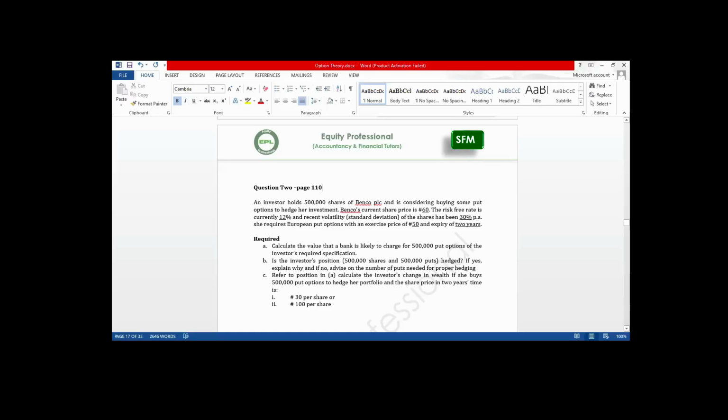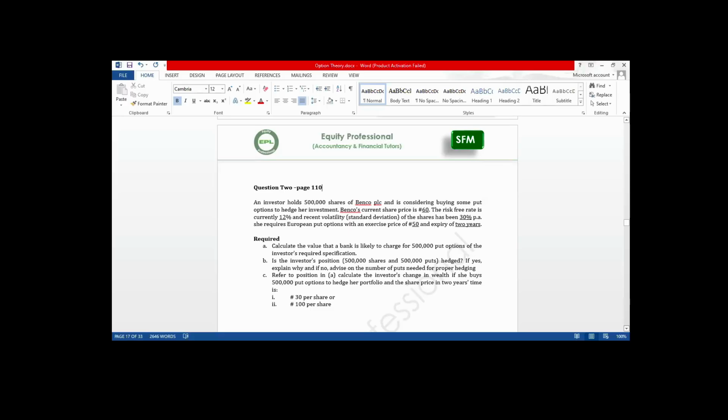We now use the formula for put option directly. You can do that. Or you can calculate value of call option first. When you get the value of the call option, you now use that value to calculate the value of put option. Either approach will give you the same results.